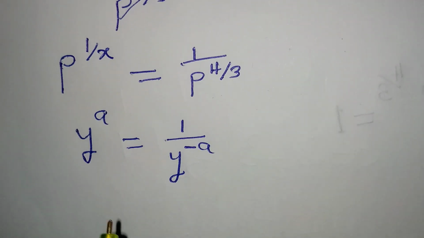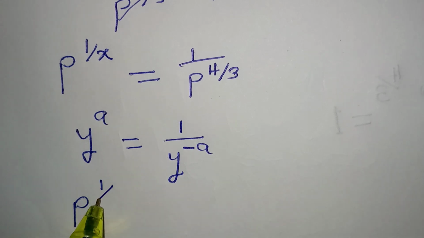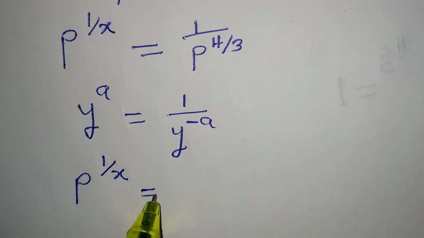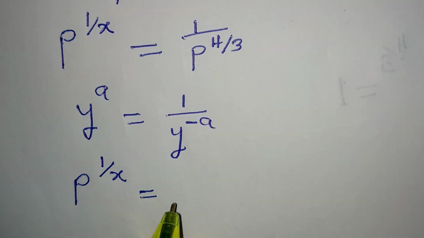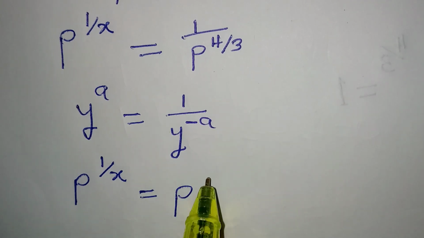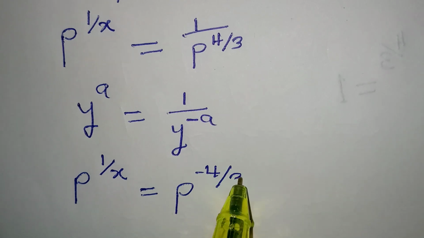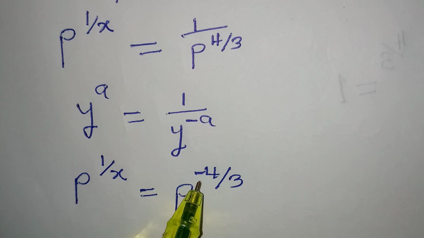So to proceed, I'm going to have P to the power of 1 over x being equal to, to remove this, P to the power of negative 4 over 3. Because the 1 has gone, it became a negative power.